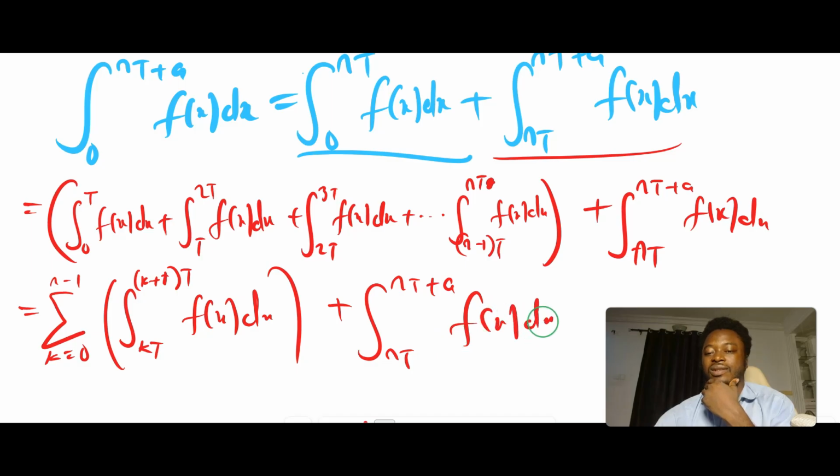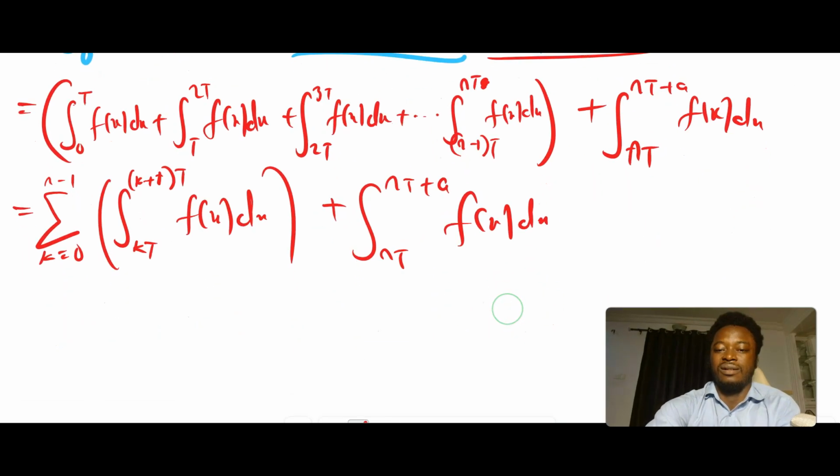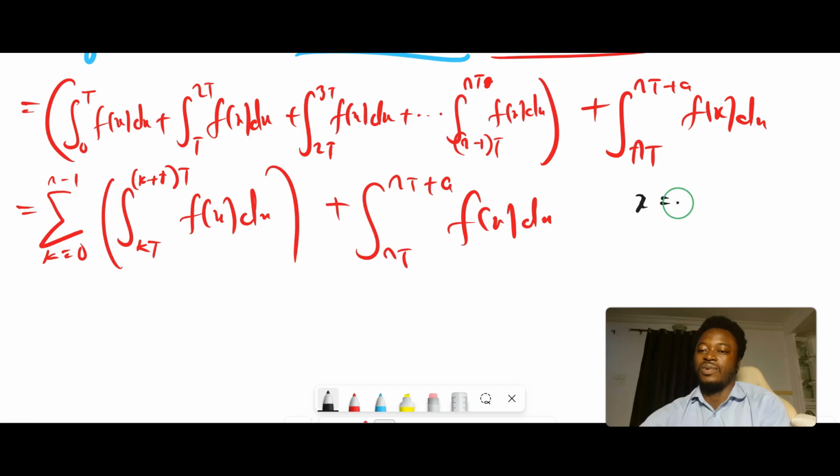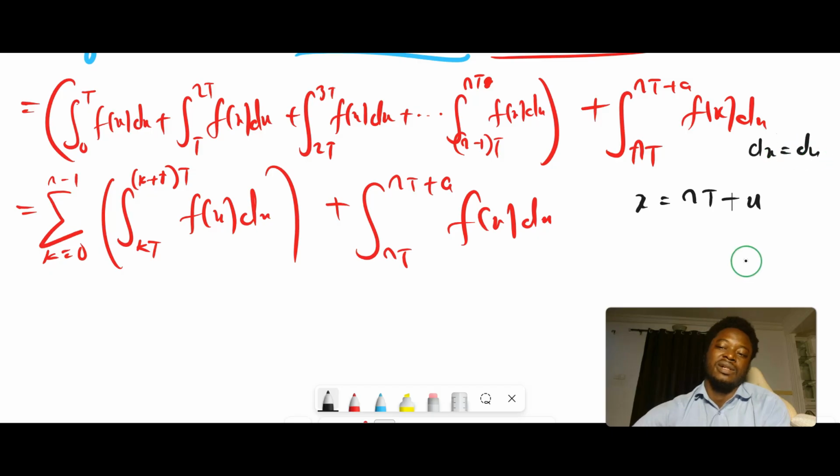So we're going to make a good substitution here. What we're going to do in this part is to just set x to be nt plus u. Notice that in this case dx equals du. Now if x is nt, u will be 0.